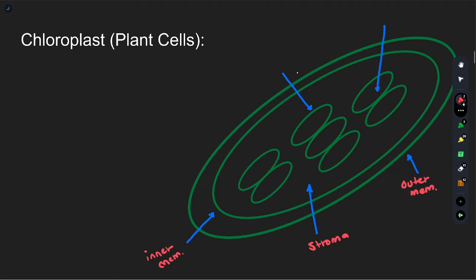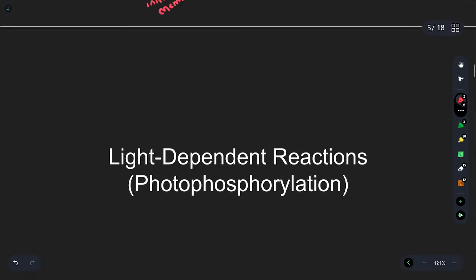The membrane surrounding the thylakoid is the thylakoid membrane. And then inside the thylakoid is your lumen. So these are the different parts of the chloroplast that can be helpful just to know their locations and for your concept maps as well.